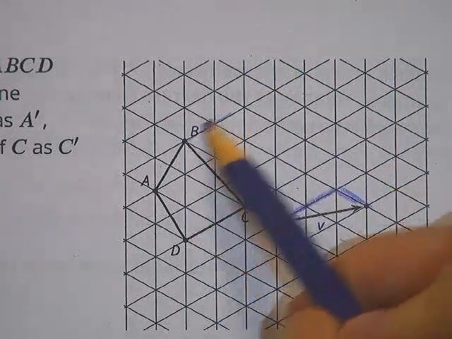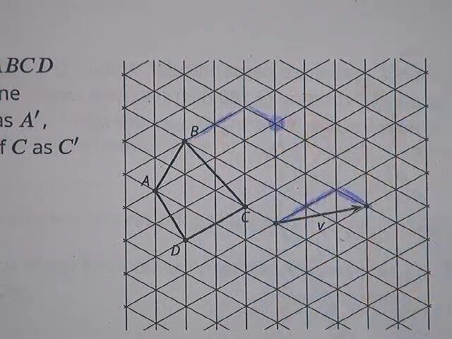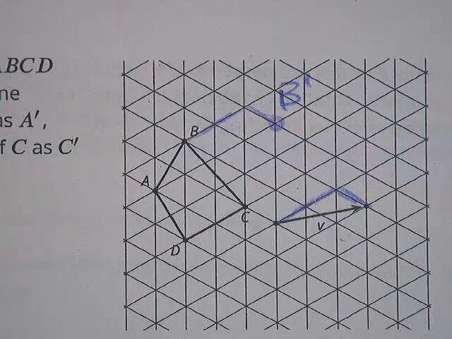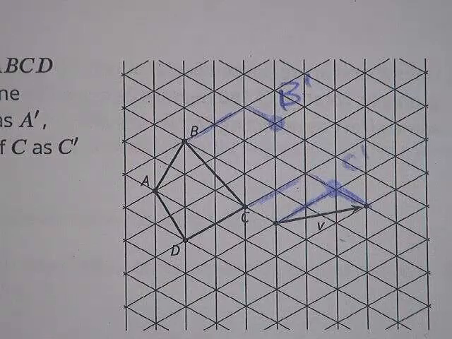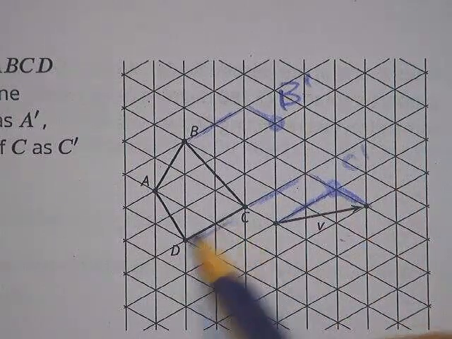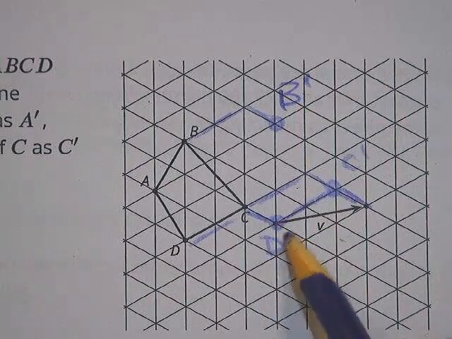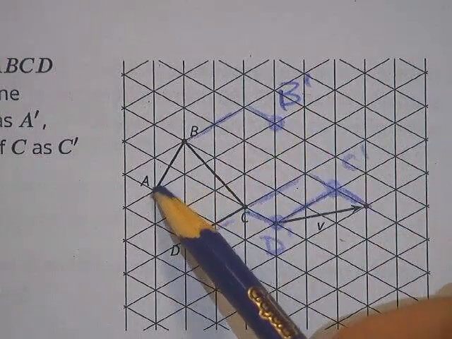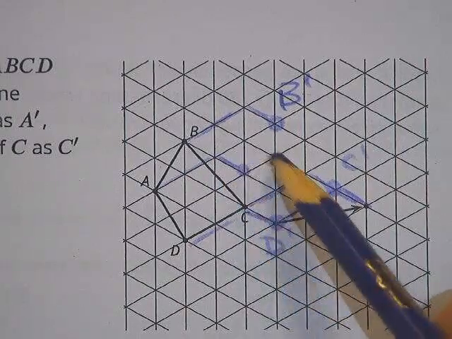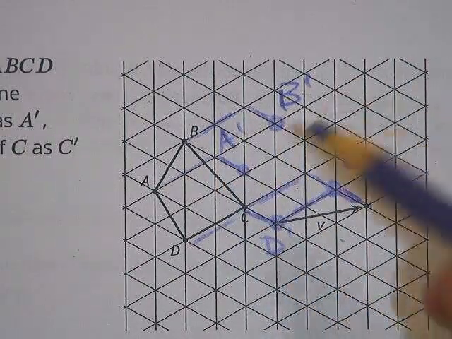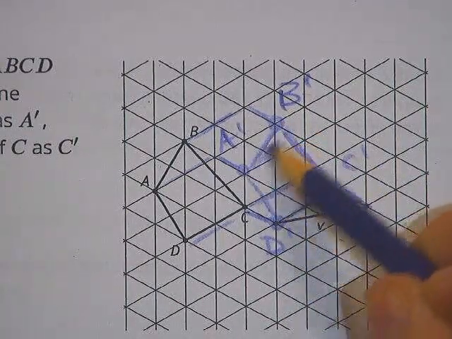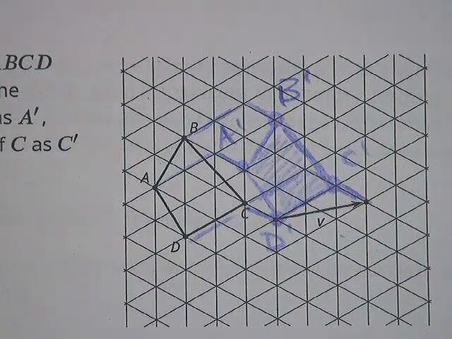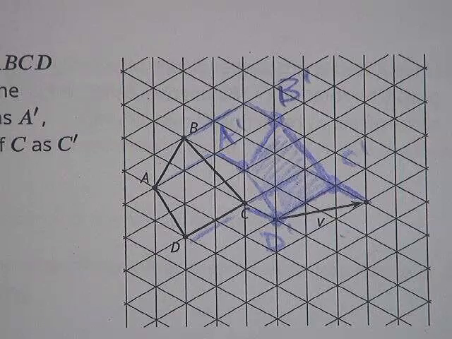So point B over 2 and then down 1, this is where B prime is. Over 2, down 1, this is where C prime will be. Then over 2, down 1, this will be where D prime is. And then over 2, and then down 1, this is where A prime will be. So that would be the translation of quadrilateral ABCD using vector V.